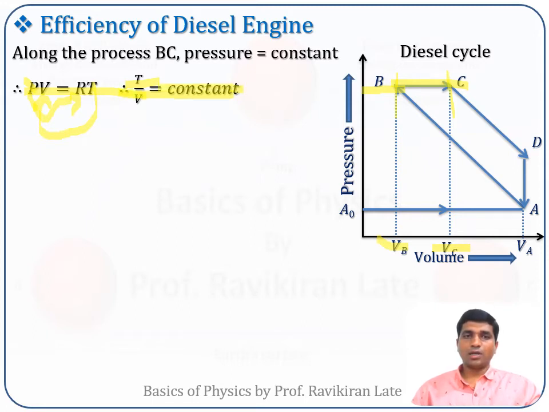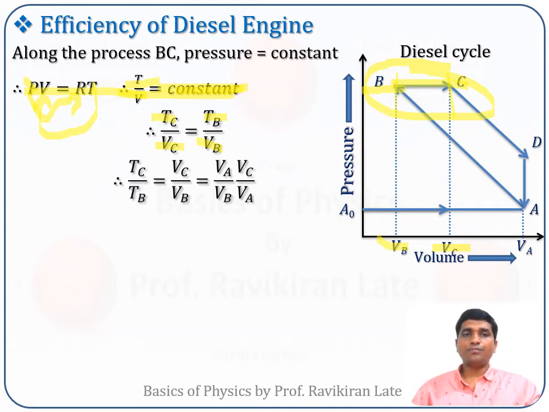Now if I apply this to the process BC, then we can write TC upon VC is equal to TB upon VB, because along this process pressure is constant, and only the volume and temperature are changing. So its ratio will be a constant ratio for an isobaric process.